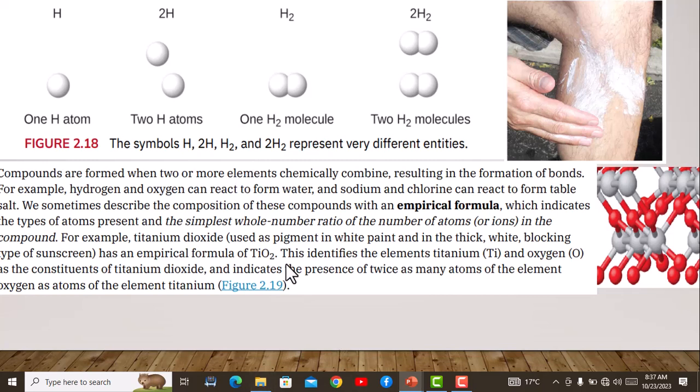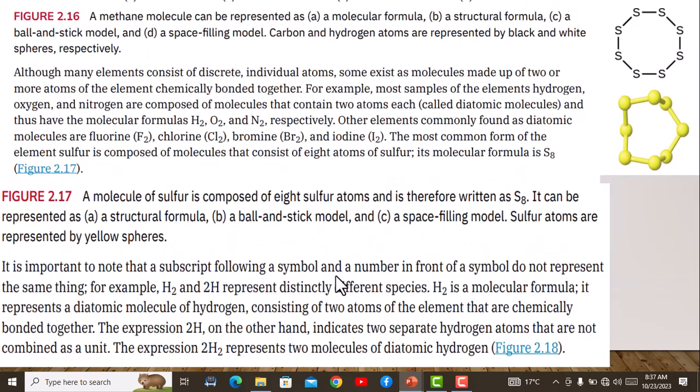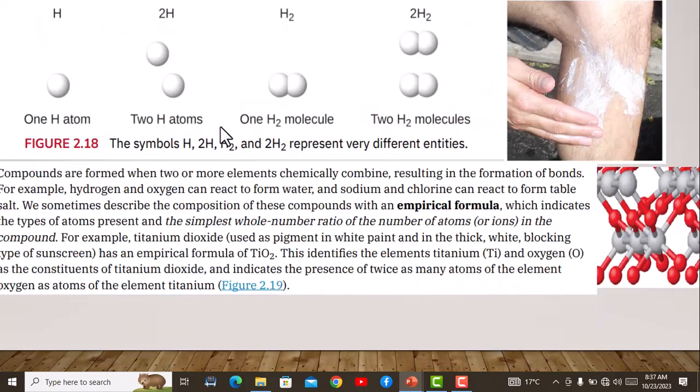So we would therefore say here you need one diatomic molecule of oxygen with only one titanium atom. This is exactly what we can say, because we learned that by nature oxygen comes as a diatomic molecule, and we are therefore saying you need one molecule of oxygen for every one atom of titanium.